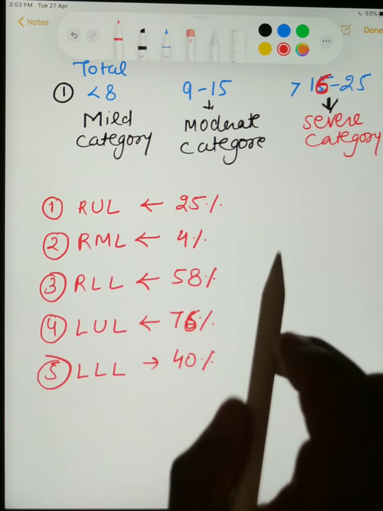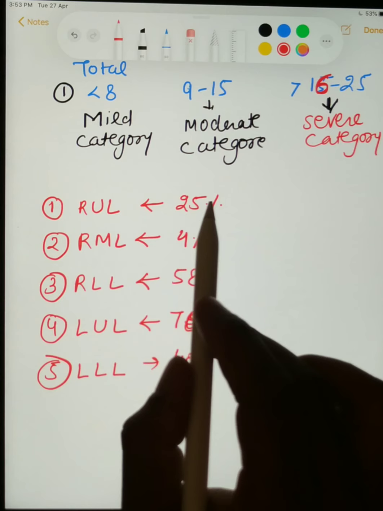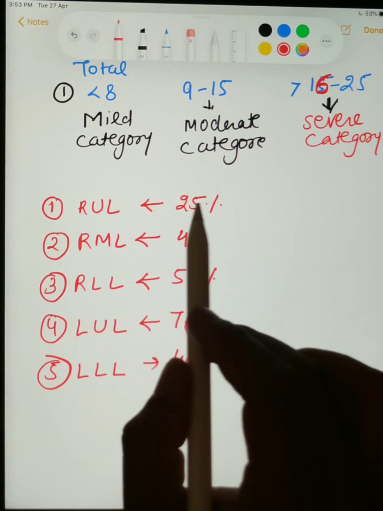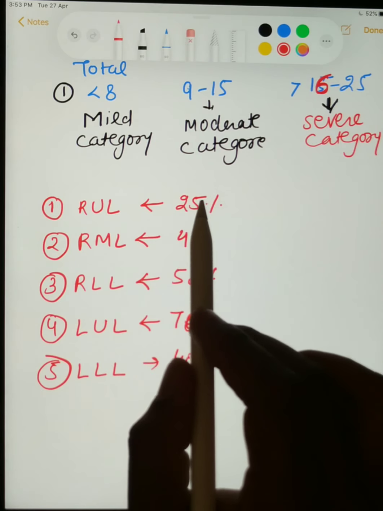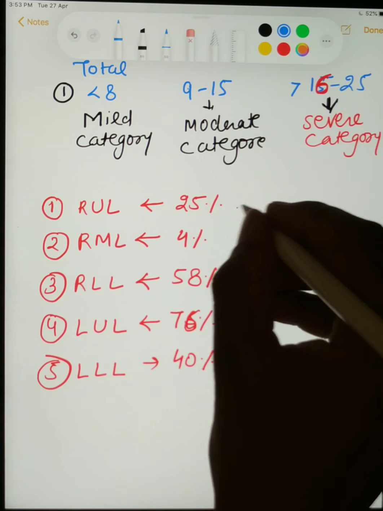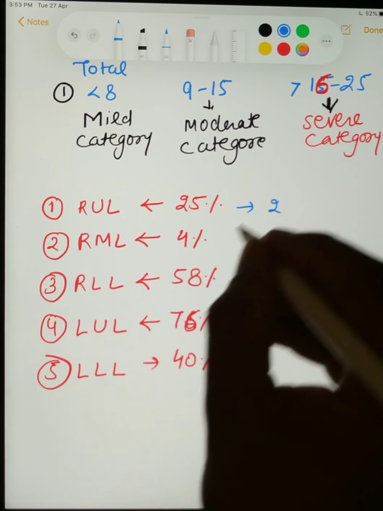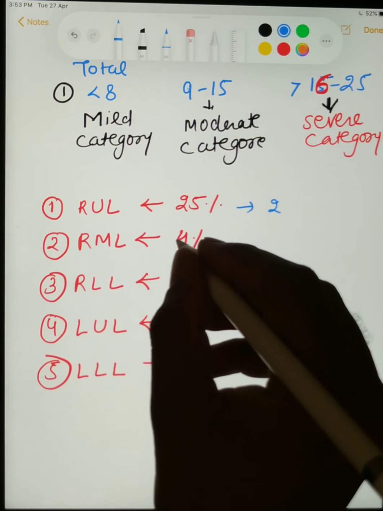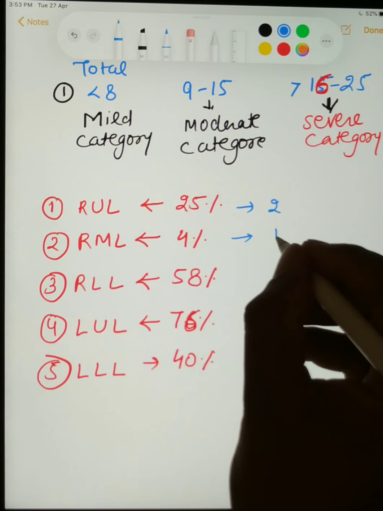Right upper lobe is 25%. If involvement is less than 5%, we give score 1, but if involvement is 5 to 25%, we give a score of 2. In right middle lobe, involvement is less than 5%, so we will give a score of 1.